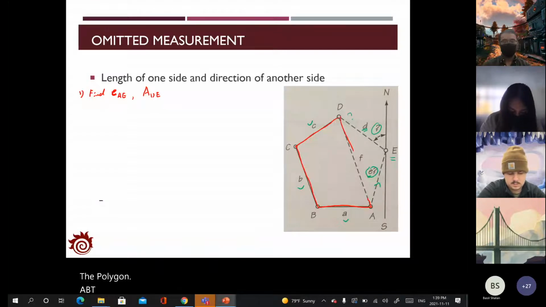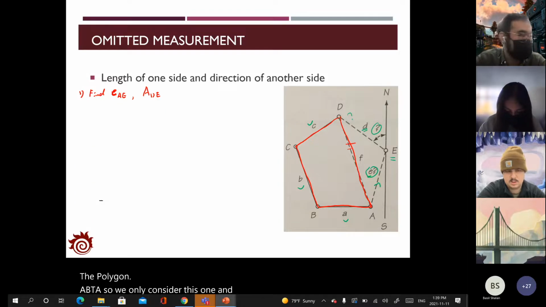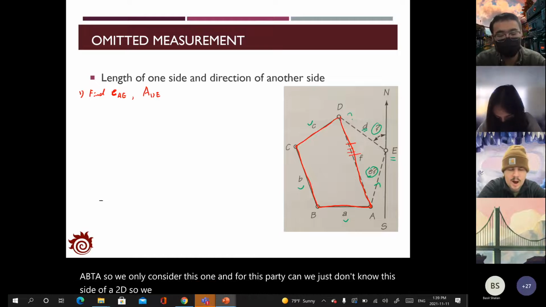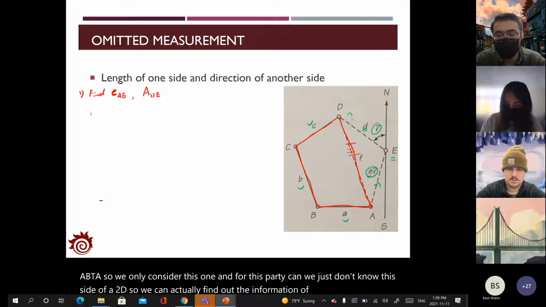So we only consider this one, and for this polygon, we just don't know the side of A to D. So we can actually find out the information of the distance of the D to A.